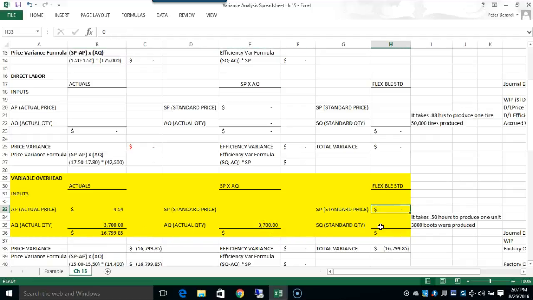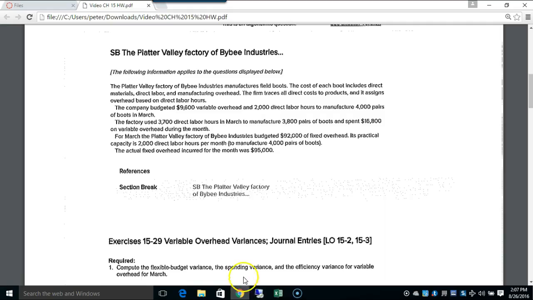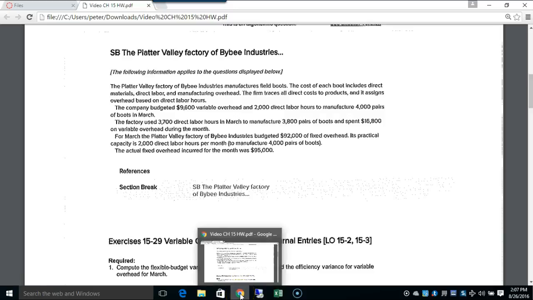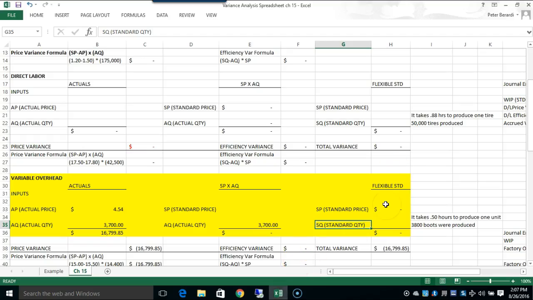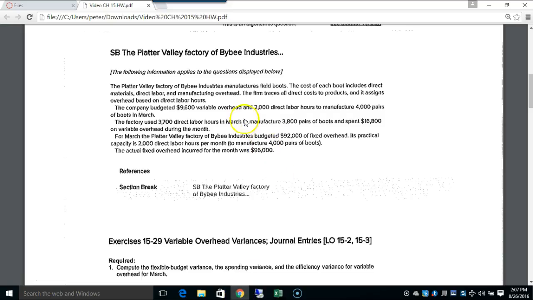Now let's work on our flexible standard side. The standard quantity is not given, nor is the rate that we should apply. However, we can figure it out from the problem by doing the budgeting.